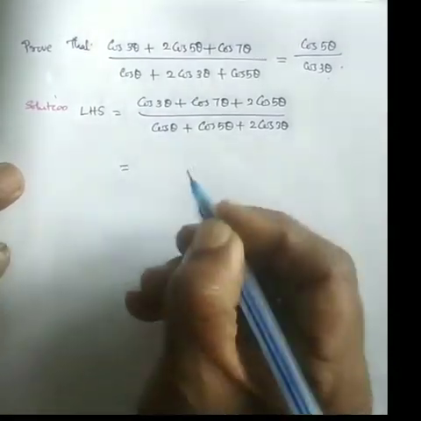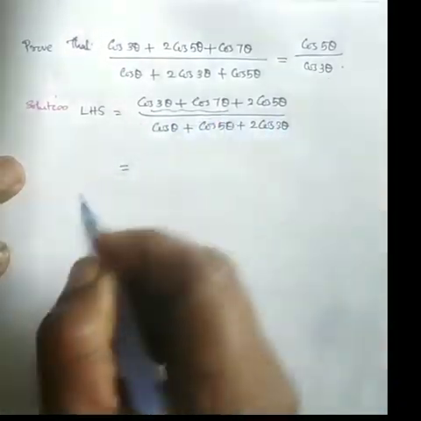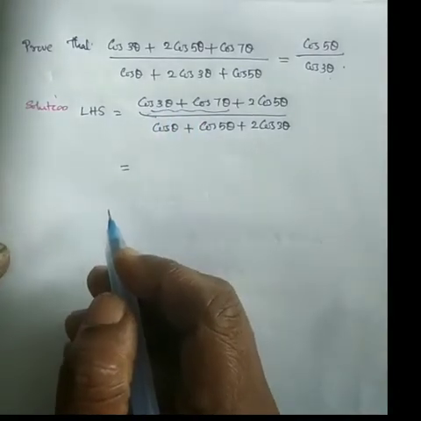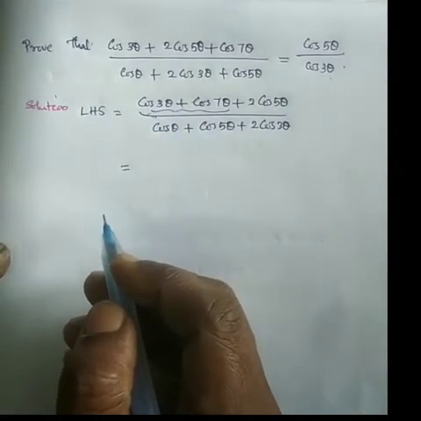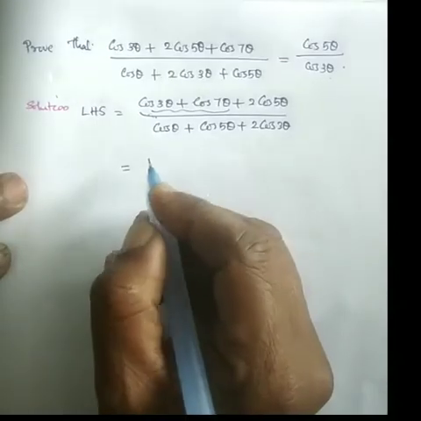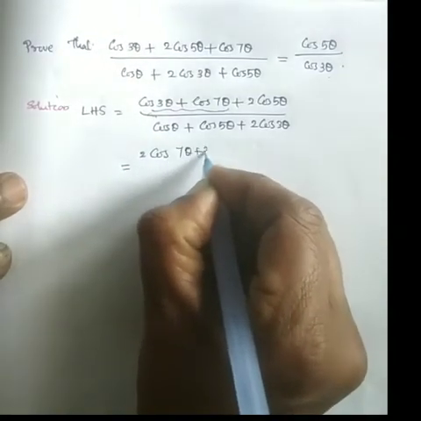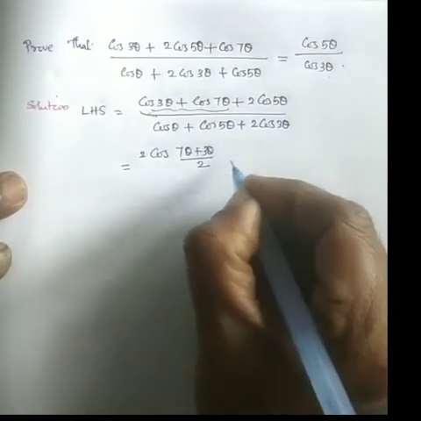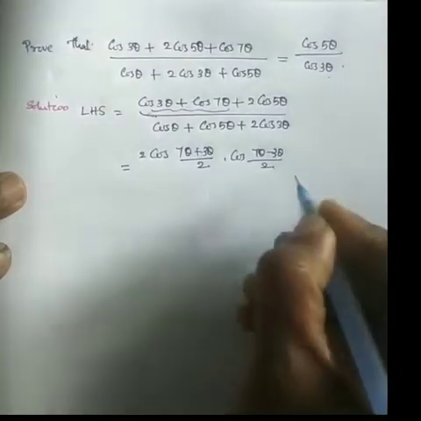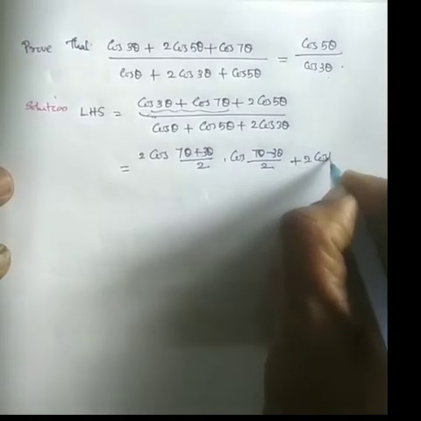Using the above identity, cos C + cos D is 2 cos((C+D)/2) cos((C-D)/2). Therefore the numerator is 2 cos((7θ+3θ)/2) cos((7θ-3θ)/2) + 2 cos 5θ.